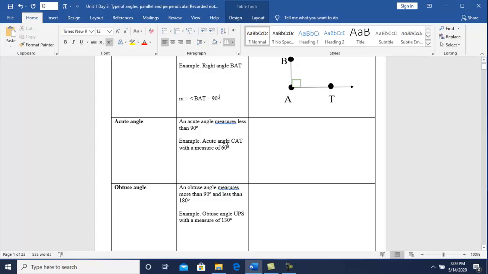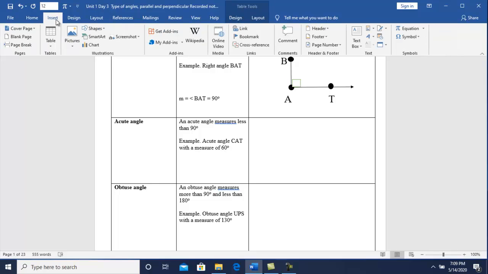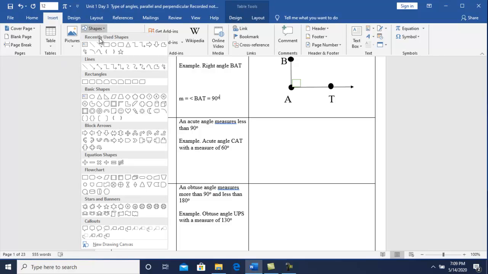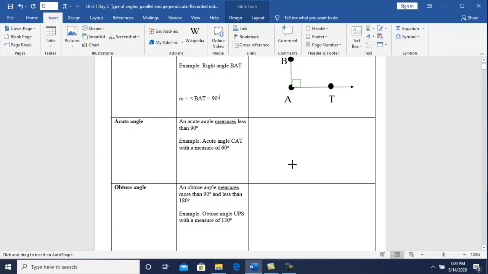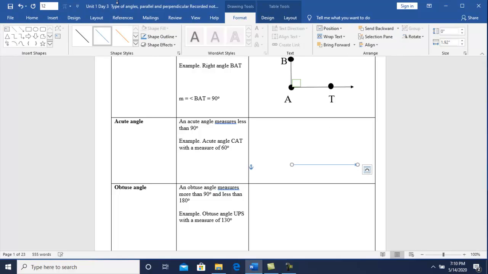So now acute angles. We're going to draw an angle that's less than 90 degrees. Our goal here is to make an angle that's 60. So we're just going to draw a picture. Anytime you draw an angle, you first need a ray, and you've got 2 points on the ray for its name.